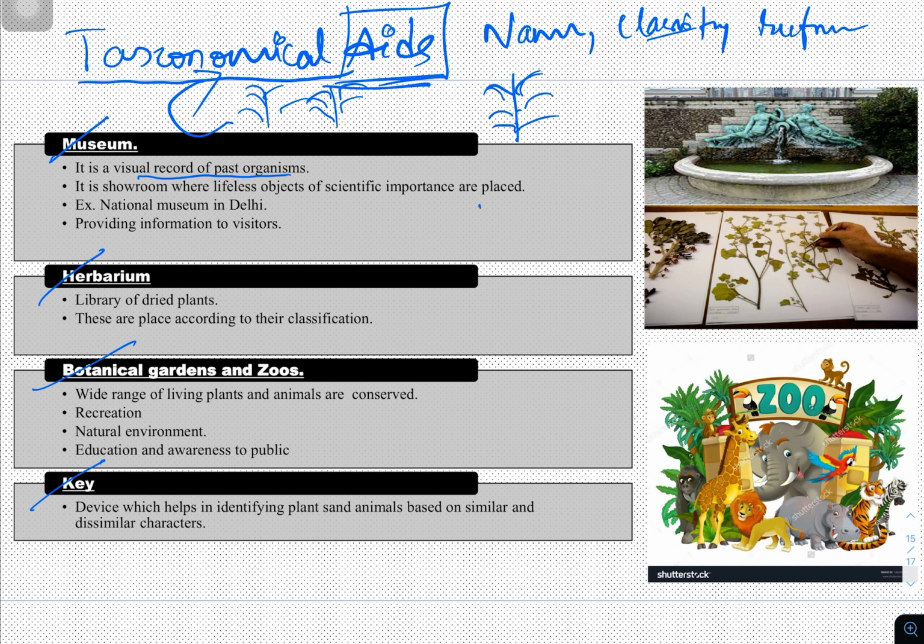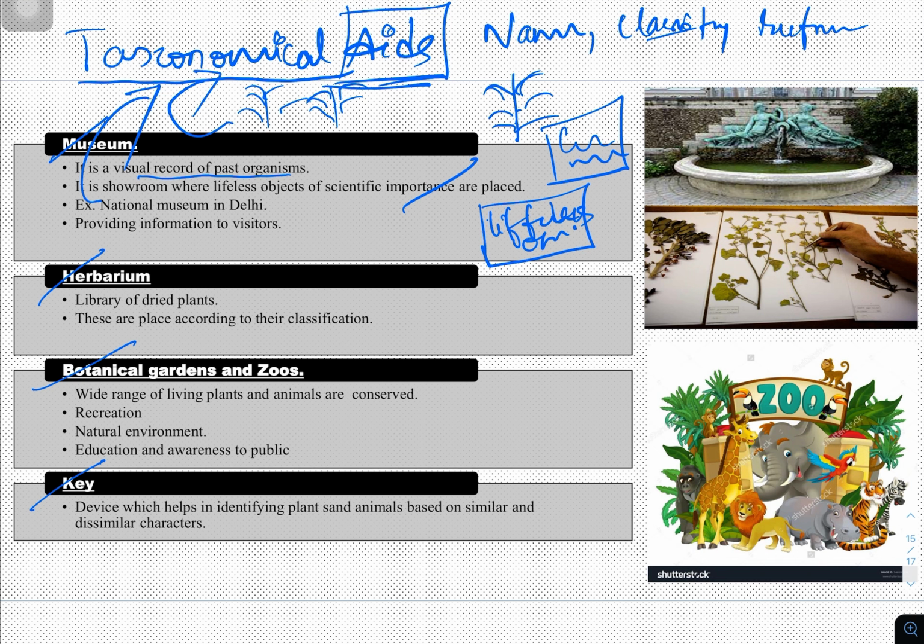It is a place where lifeless objects of scientific importance are placed, and their classification and nomenclature system has also been mentioned. So museums help us to identify or classify an organism.